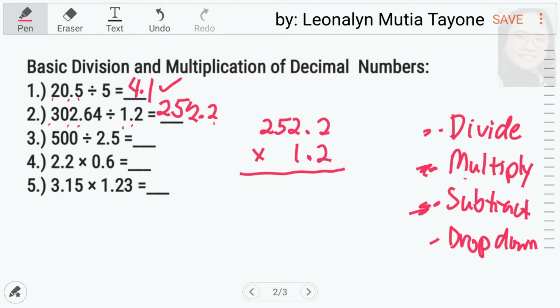Multiplying decimals is the same as multiplying whole numbers except for the placement of the decimal point in the answer. When you multiply decimals, the decimal point is placed in the product so that the number of decimal places in the product is the sum of decimal places in the factors.